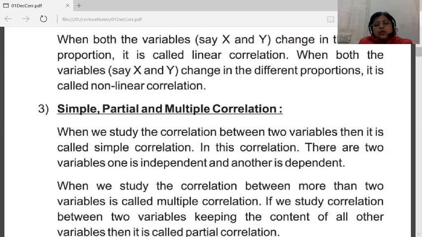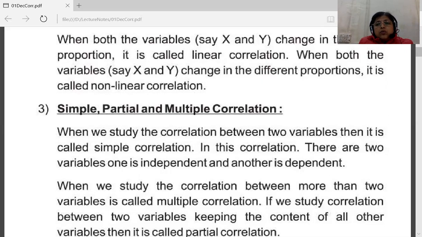What is partial correlation? There is one dependent variable on which many independent variables are having an effect. For example, the demand of a product is affected by the income of the buyer, it is affected by the price of the product, it is affected by the price of related goods, it is affected by the population. So there are many other things which affect the demand of a particular product.